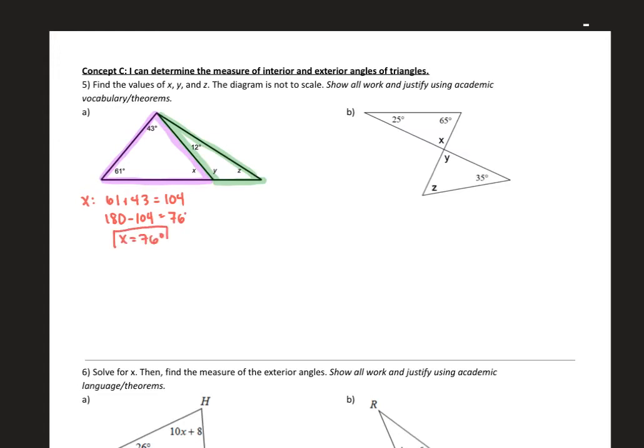So to explain, I need to explain where this 180 comes from. So the way we got the 180 is by using triangle sum theorem. So I'm going to write triangle sum theorem states there's 180 degrees in a triangle.